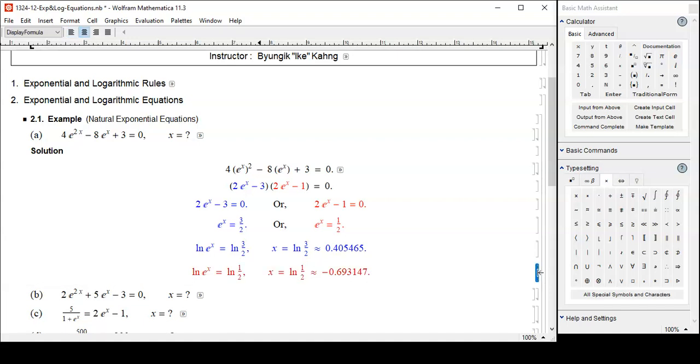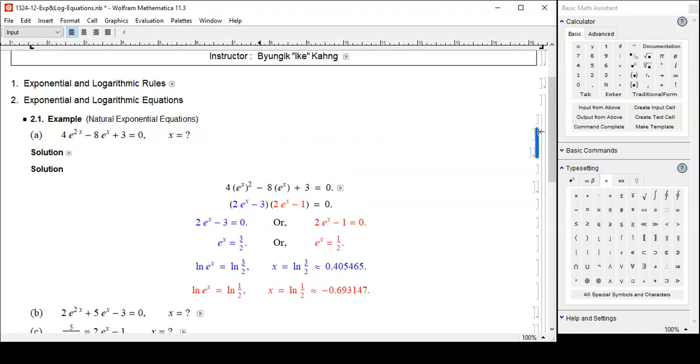That comes from the red factor, and we get two solutions. x can be either log of 3/2 or x can be log of 1/2. Both are valid solutions, and the numerical values of those valid solutions will be either 0.405 something or negative 0.693 something. Either way, it'll work out.